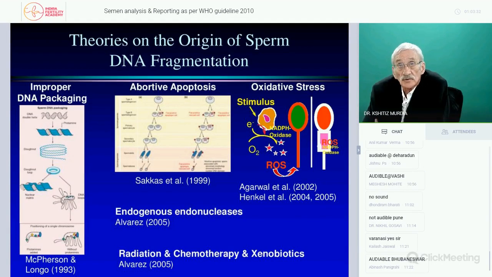Then you have this abortive apoptosis issue that was published by Dr. Sakkas in the late 90s. And then we have oxidative stress that was widely published by John Aitken, Ralph Haker, and Ardeval in those days. Causes are mainly also radiation, chemotherapy, and other external factors.